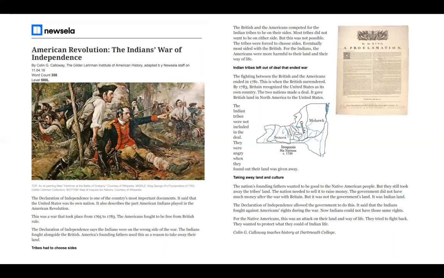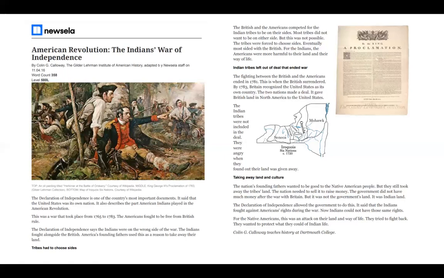The fighting between the British and the Americans ended in 1781. This is when the British surrendered. By 1783, Britain recognized the United States as its own country. The two nations made a deal. It gave British land in North America to the United States. The Indian tribes were not included in the deal. They were angry when they found out that their land was given away.